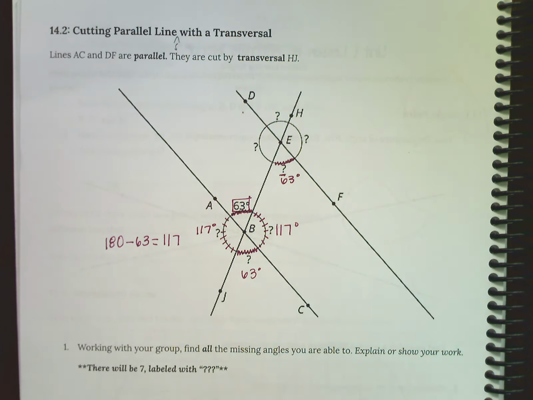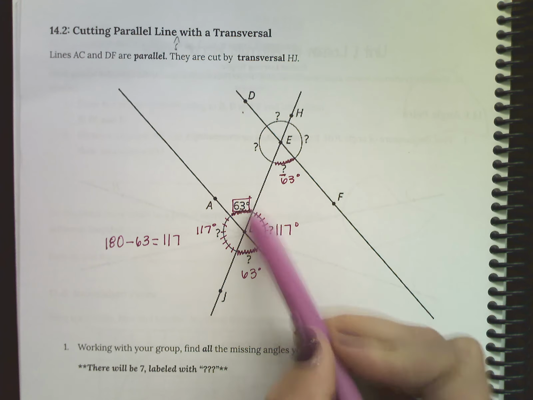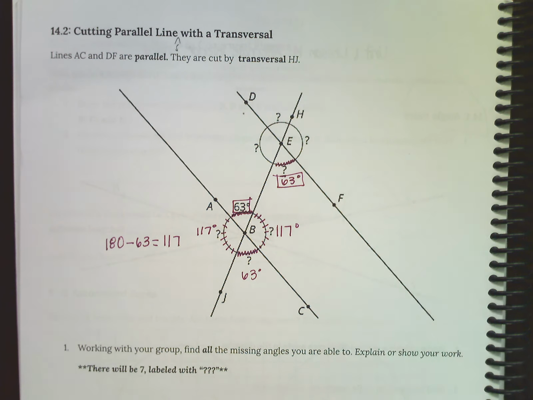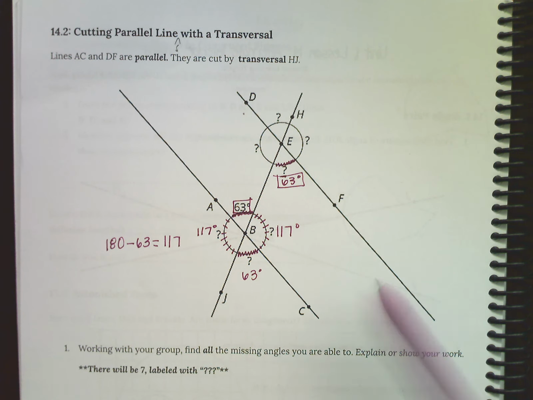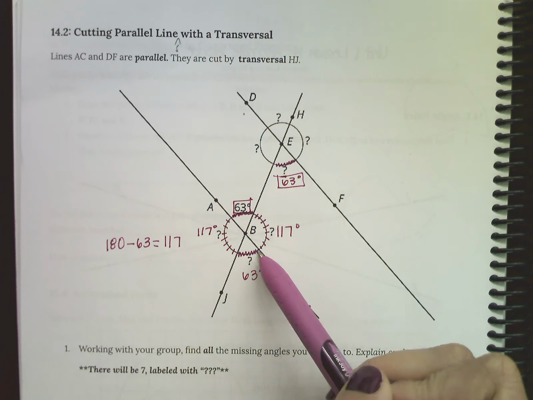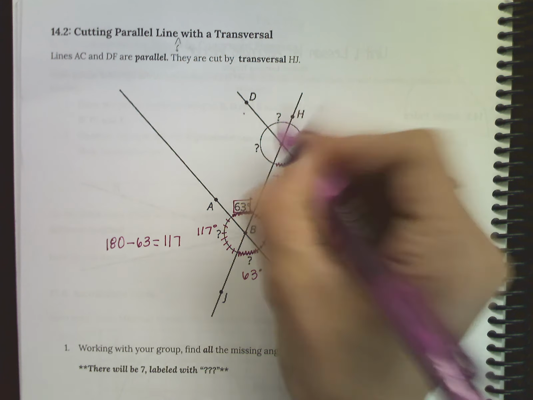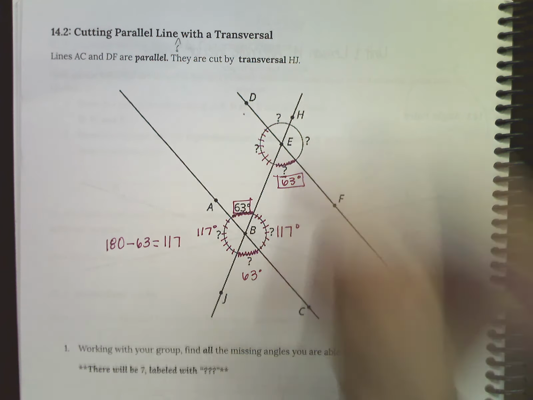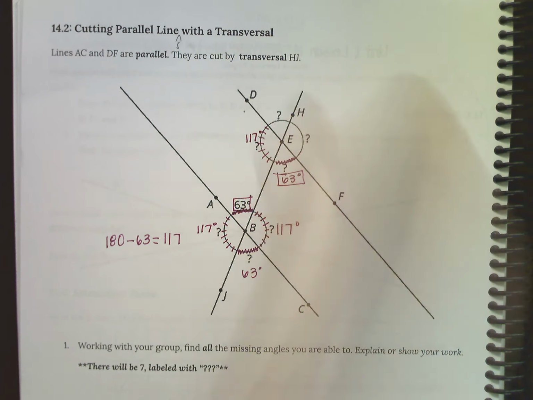That is because alternate interior angles, this boxed angle and this boxed angle right here, are the same measurement. They are congruent angles. That is only true when I have parallel lines cut by a transversal, which I do. Which also means that this angle that was 117 degrees is going to be the same as those question marks, so that is also 117 degrees up there.